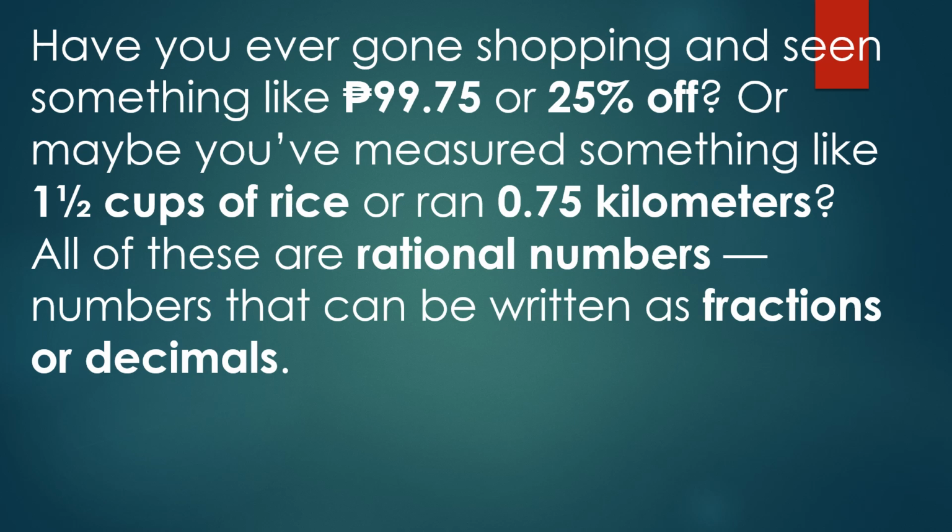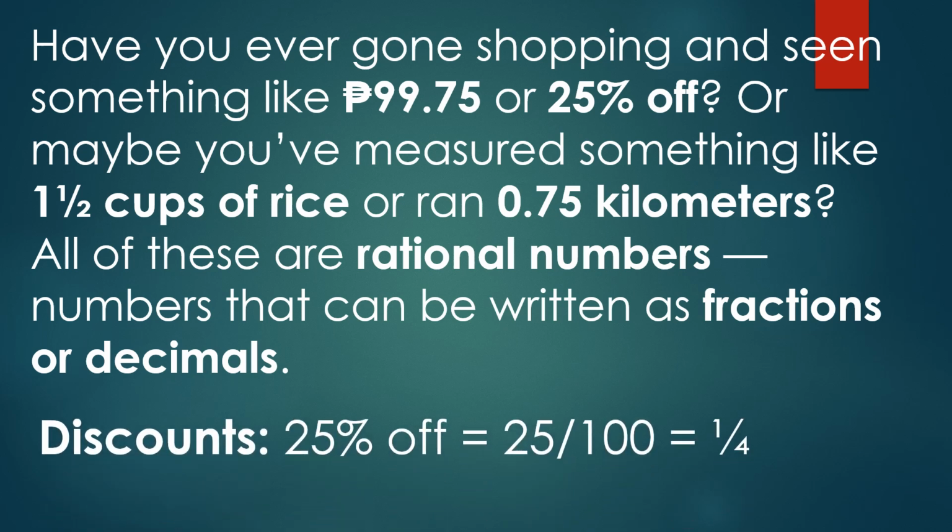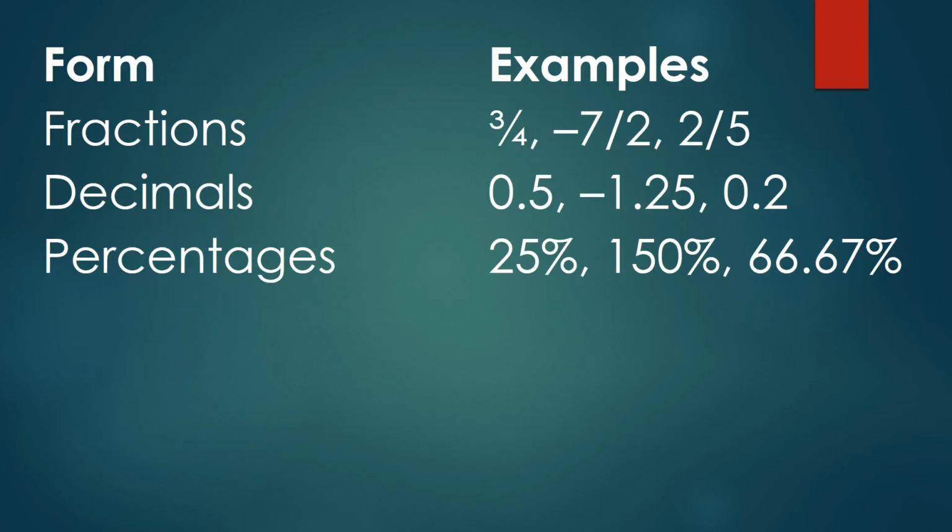So let us go back to the definition of fraction. When you say fraction, that is part of a whole. Okay. So example, 25% off, that is 25 over 100 or 1 fourth. So we have this one. So fractions, examples, we have 3 fourth, negative 7 halves, 2 fifth.